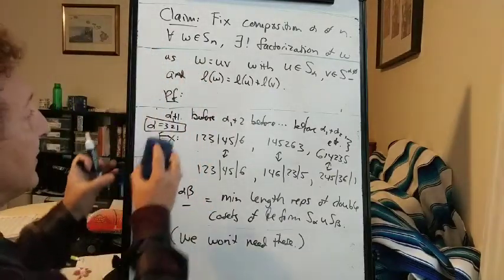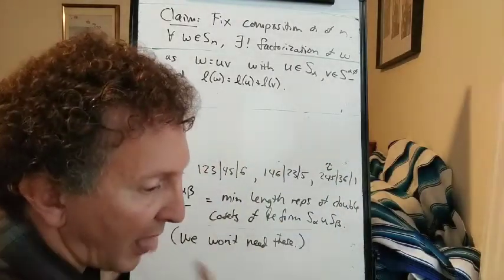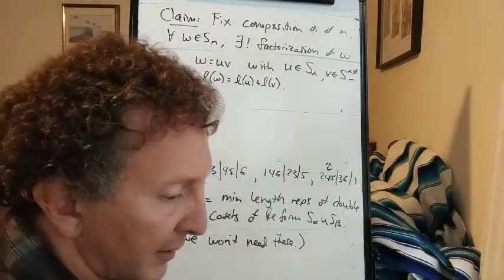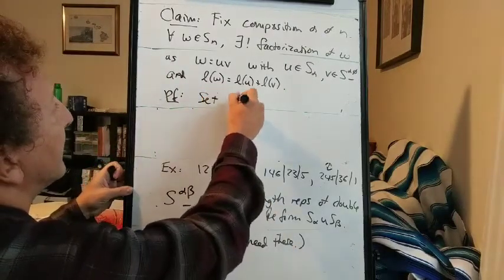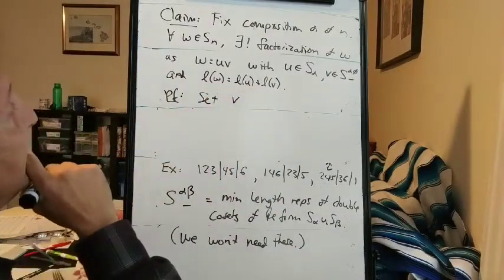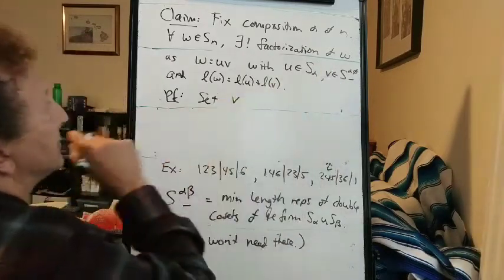All right, to prove this, let's write down a reduced expression. V is supposed to be the minimum one in the coset.